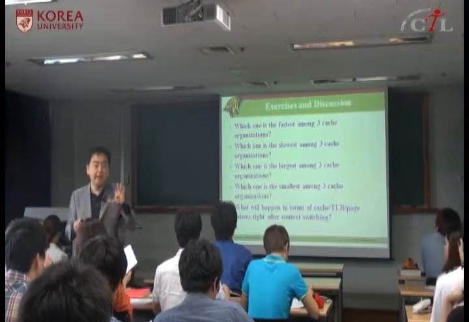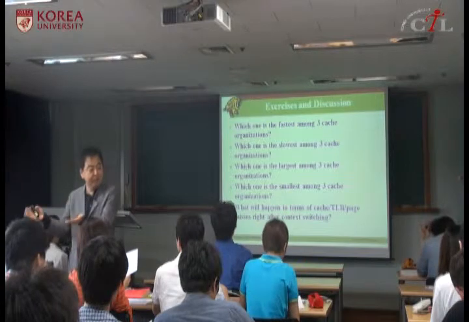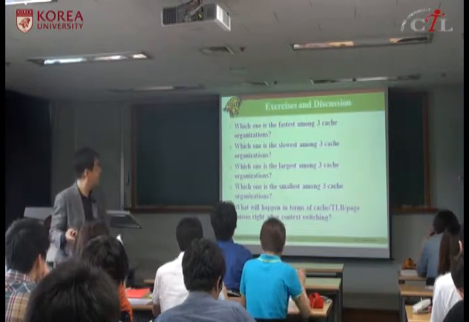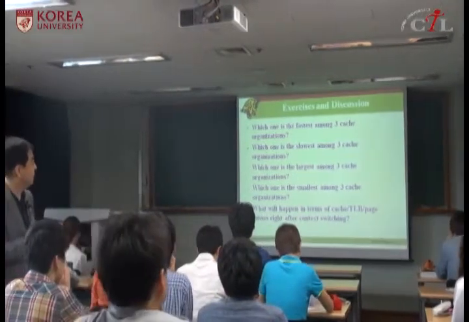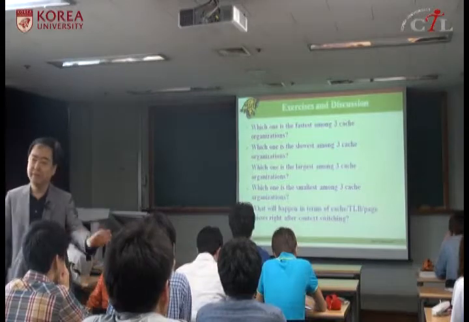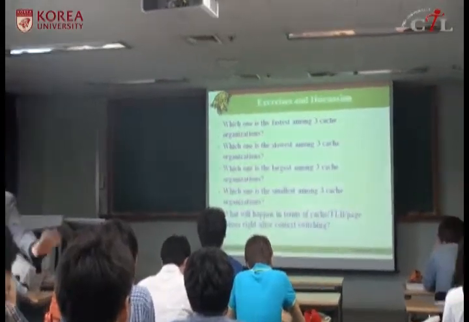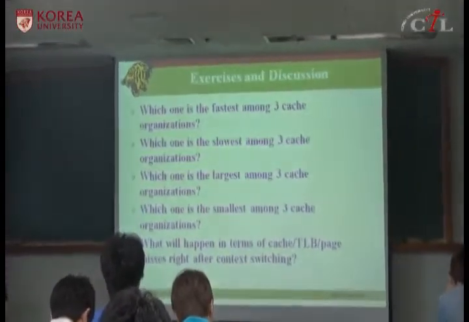Set associative, because it requires index decoding, tag compare, and then way mux. Okay? Which one is the largest among three cache organizations? You have the same 16 kilobyte, fully associative, set associative, or direct mapped cache. In terms of area, which one is the largest?